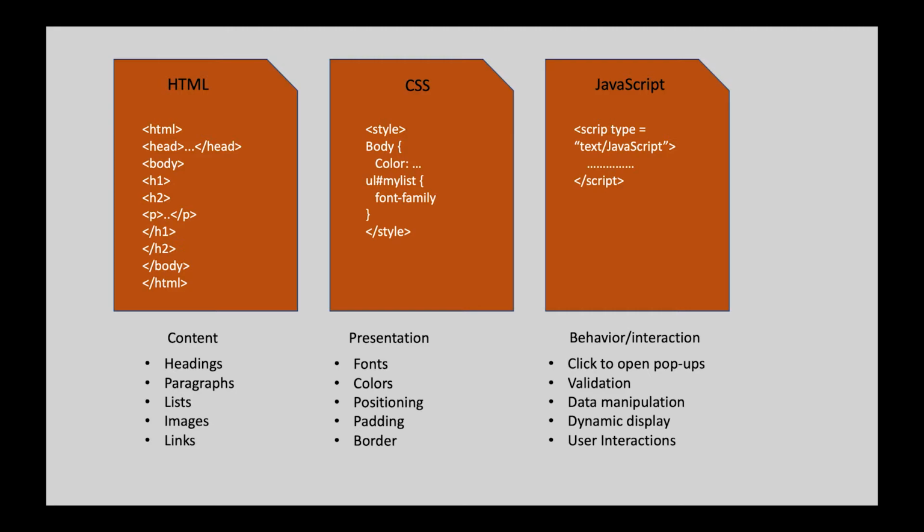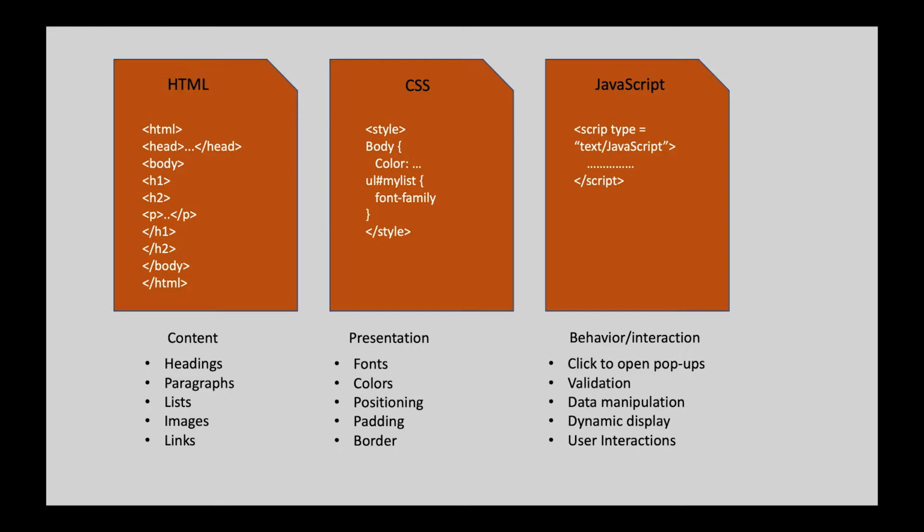And CSS is used to make those contents look prettier with fonts, colors, positioning, and so on. The third layer is JavaScript, or some people might call it the interactive layer. JavaScript is a scripting language that runs in the browser and interacts with the HTML contents and CSS rules that you defined to change what you see and what you do.